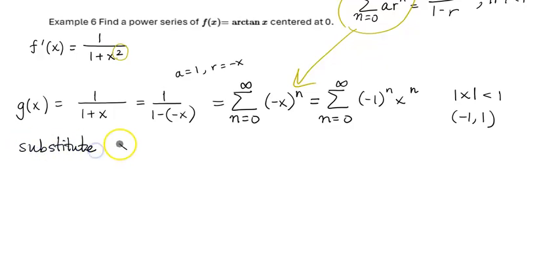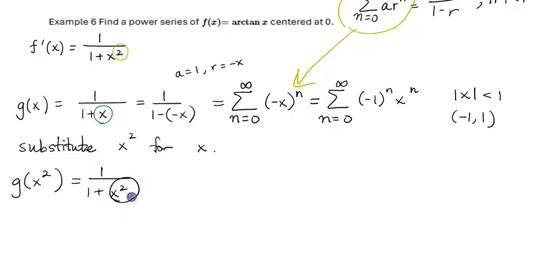Now, let's substitute x squared for x. So now we have g of x squared. So I'm now going into where x was in g, and I'm replacing that x with x squared. Composition, this is going back to 171. So now I'm going to go into the power series, and I'm going to replace this x with x squared.